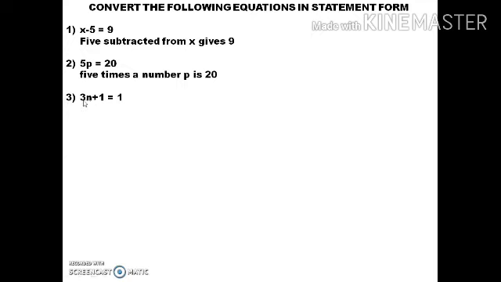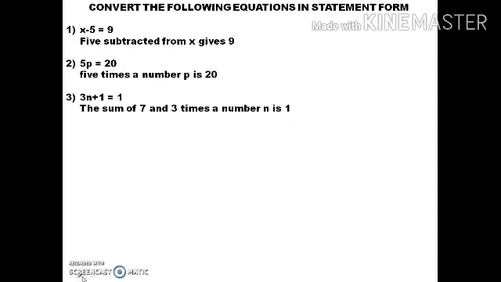Yes, this is multiplication and this is addition. 3n means 3 into n. That is, first you multiply 3 and n and the product is added to 1. So how will you write this as a statement? The sum of 7 and 3 times a number n is 1.